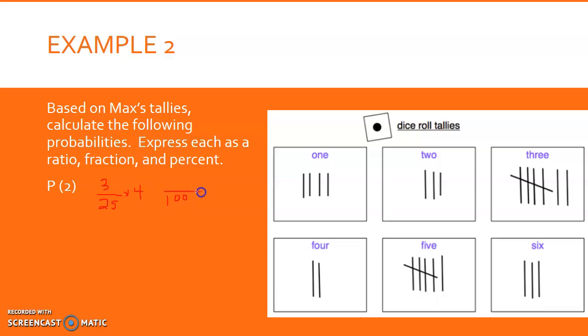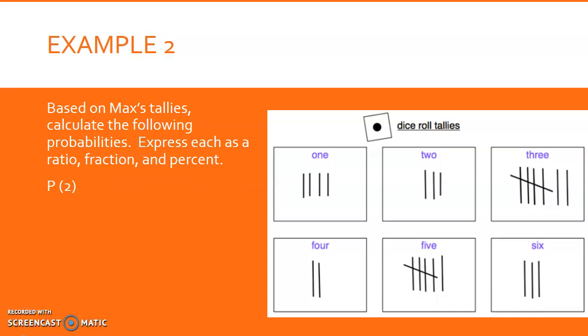So that makes it convenient. And then 3 times 4 is 12. So I get 12 100ths. That would give me 0.12 or 12%. Now as a ratio, I could write that as either 12 out of 100 or 3 out of 25.